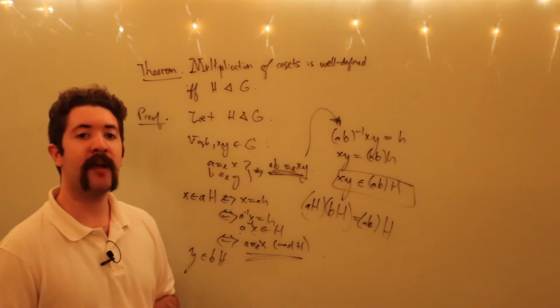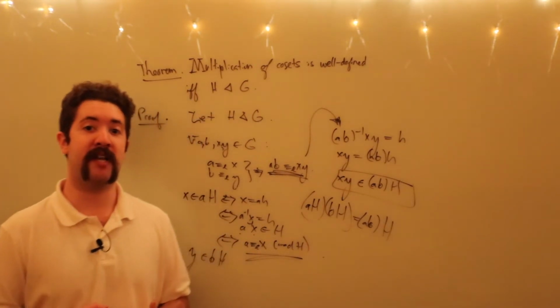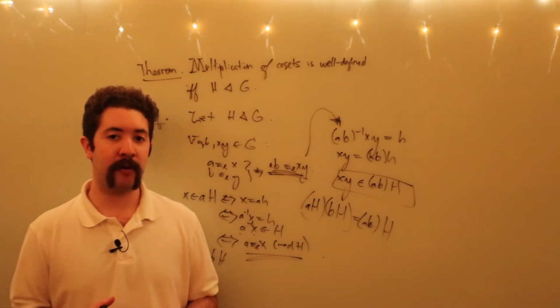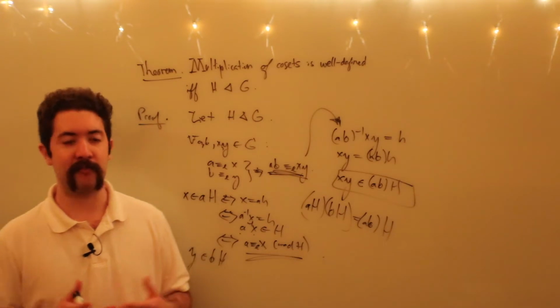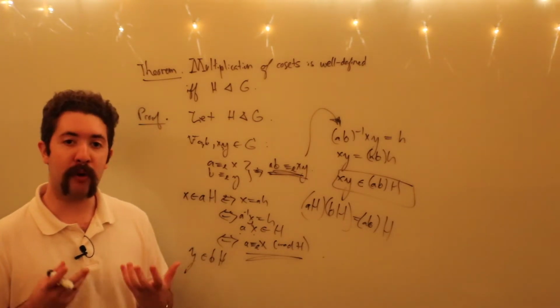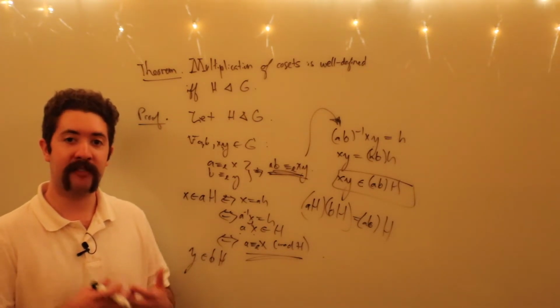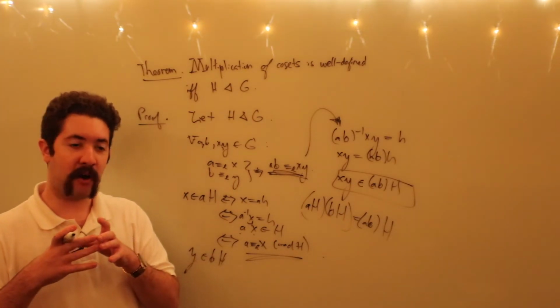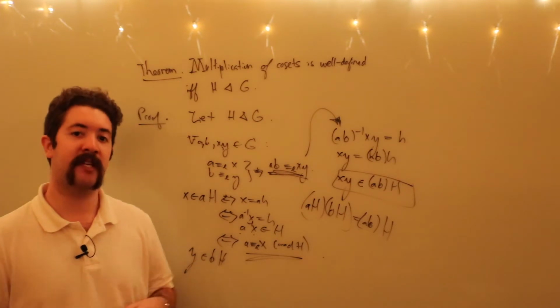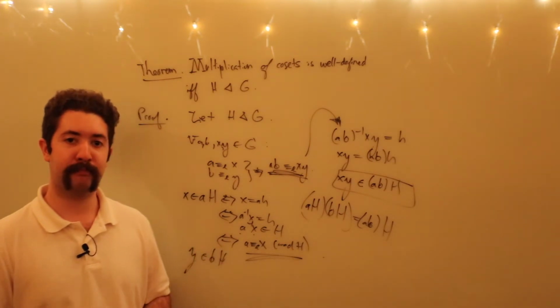Now, binary operation lingo should be pretty familiar by now. We can start talking about, perhaps, how we can form a group or some algebraic structure using this new multiplication operation of cosets, right? Not element-wise, but now our new elements are going to be the cosets themselves, given some fixed subgroup.